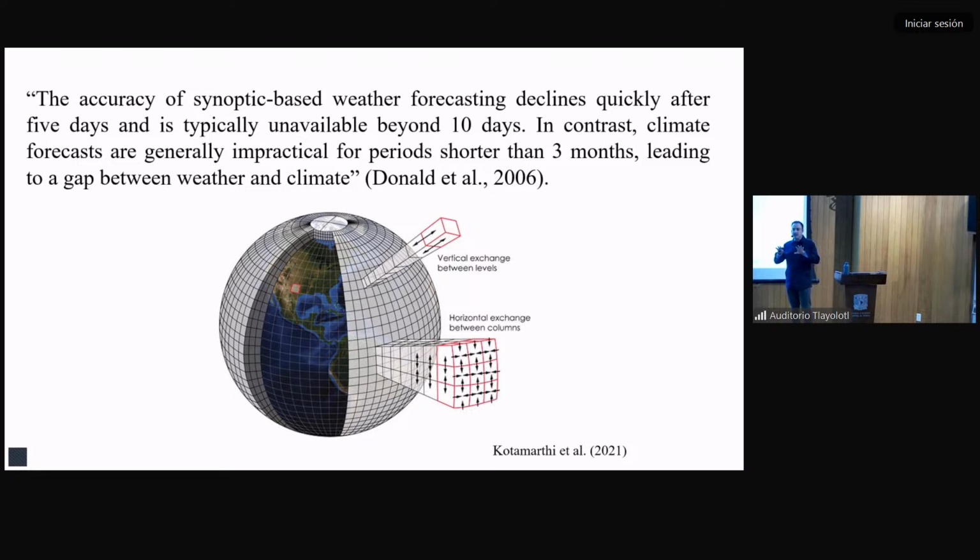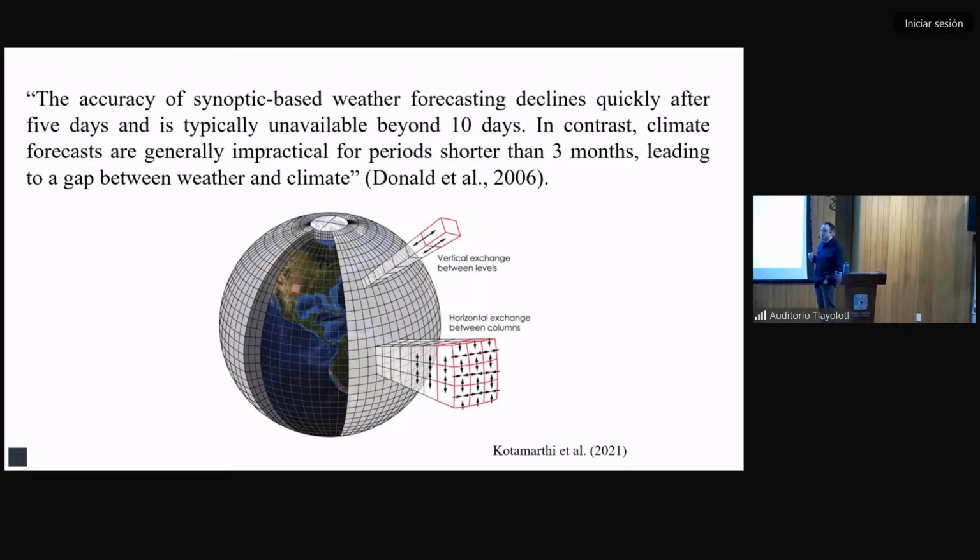So there is a disconnection between these two time scales, and what is happening between them is what we call intraseasonal variability, which is all the phenomena happening between these two time scales.